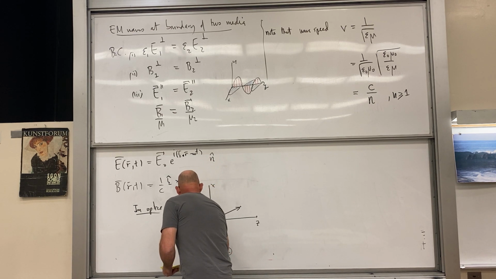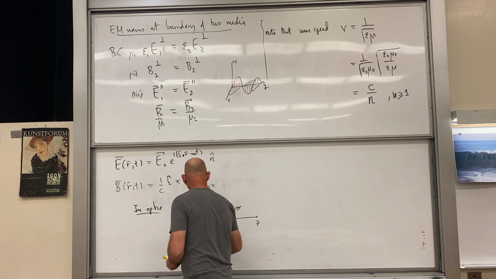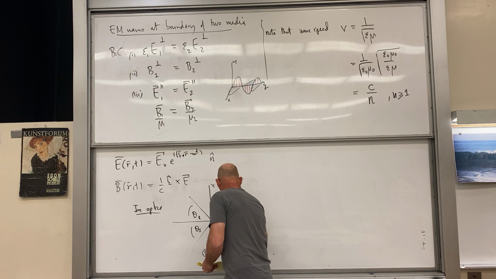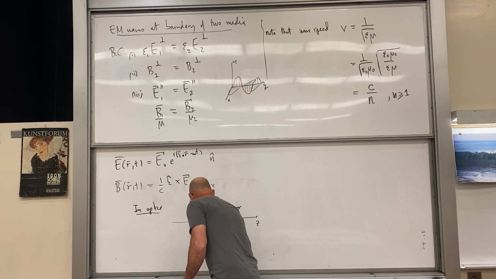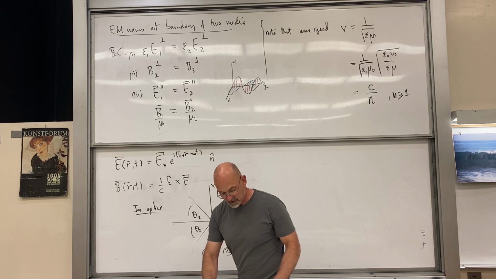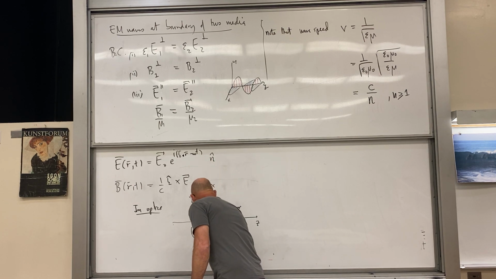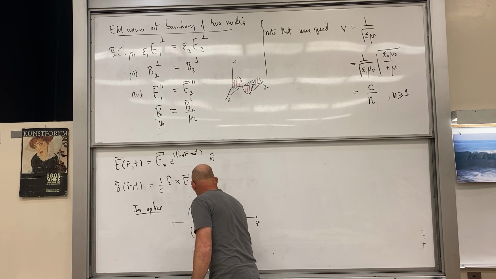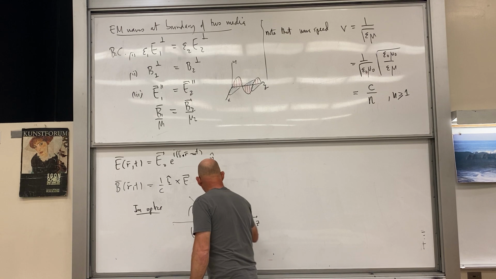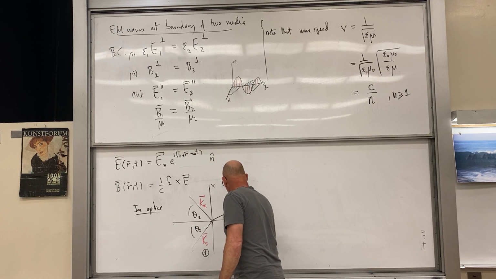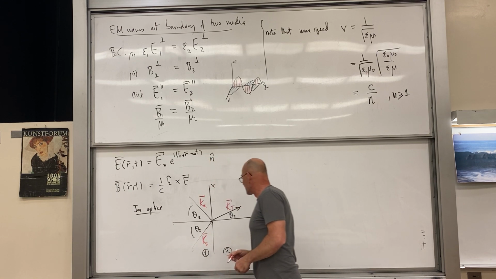We have theta incident, theta reflected, theta transmitted, and we have, here I'll use a different color, K incident, K reflected, and K transmitted.